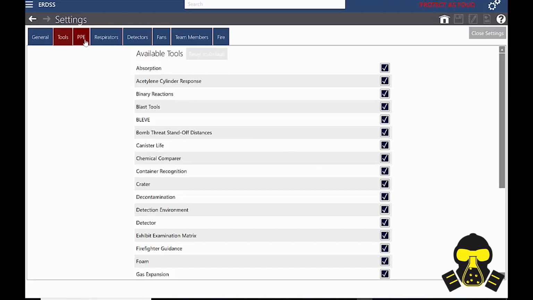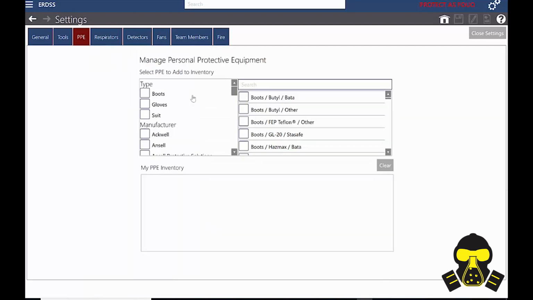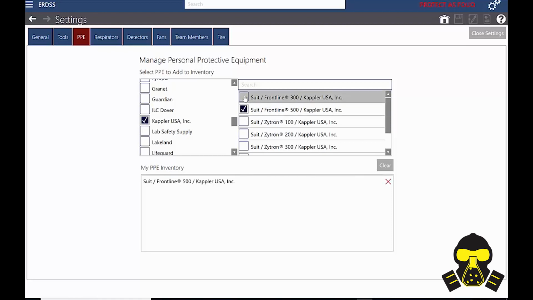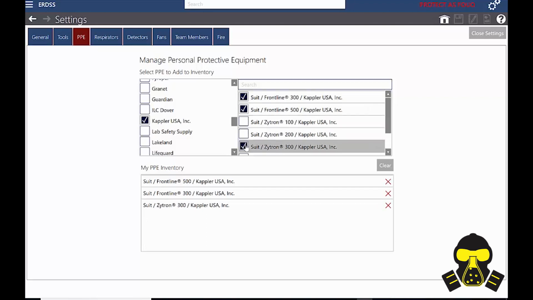But you can also go through and make all your decision points easier by going to PPE and checking all the different types you have. Let's say we have suits, and I'm just going to pick and say, you know what? I wear Kappler suits. So I'm going to come down to Kappler and say, okay, I keep their Kappler 500, their Frontline 300, maybe a Zytron 300 I'll throw in there as well.